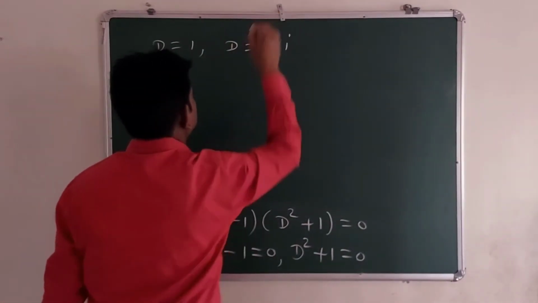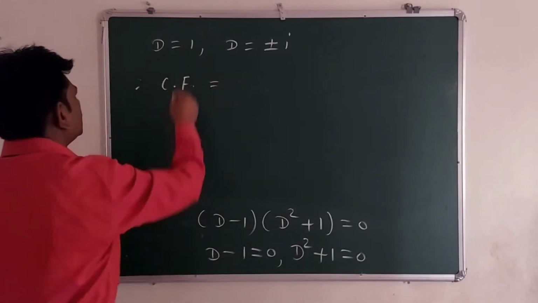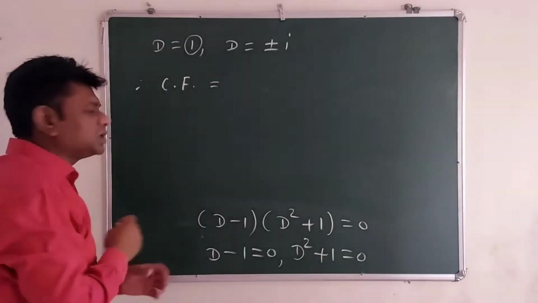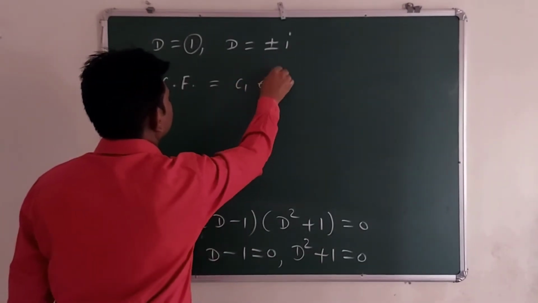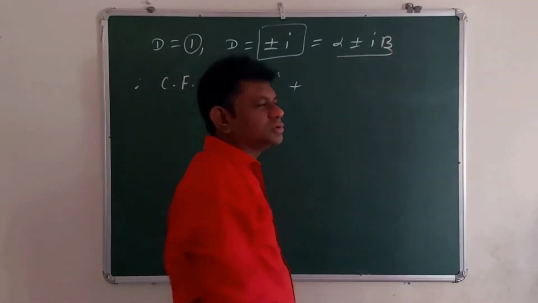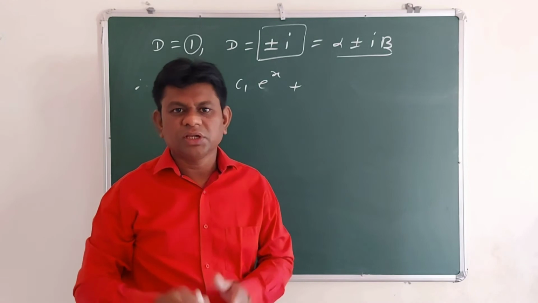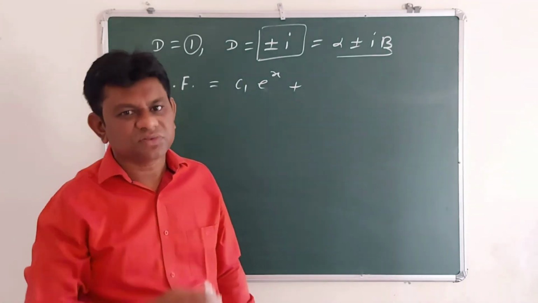Therefore the complementary function CF is equal to, first the real root, C1 e to the power x, plus, for the imaginary roots, e to the power alpha x times C2 cos beta x plus C3 sin beta x.